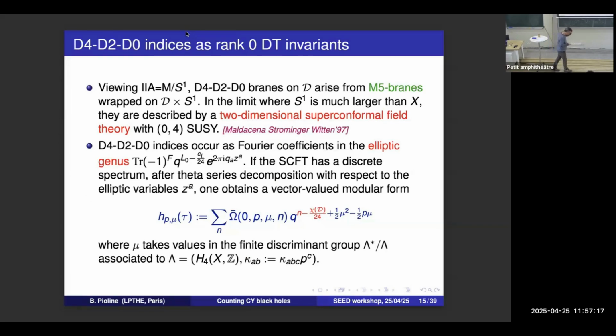So in disguise, this class of black holes are actually black strings in 5 dimensions. And being black strings, they support some worldvolume superconformal field theory, which you would get by reducing the M5 brane worldvolume along the divisor. It's a complicated theory, but it has to preserve a certain amount of supersymmetry.